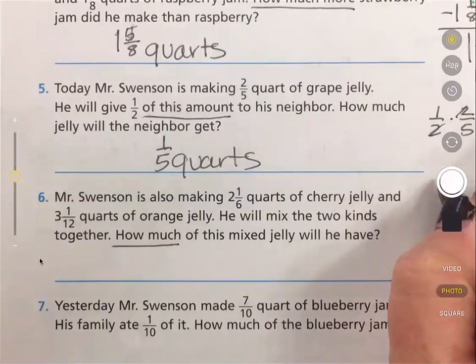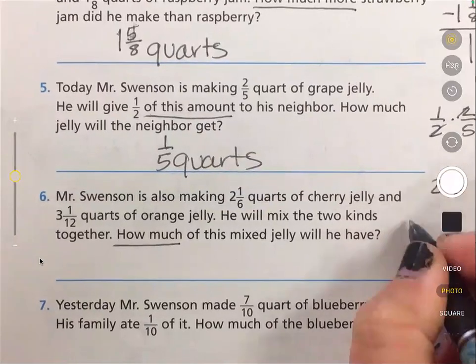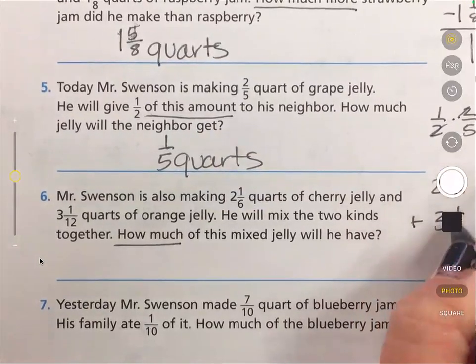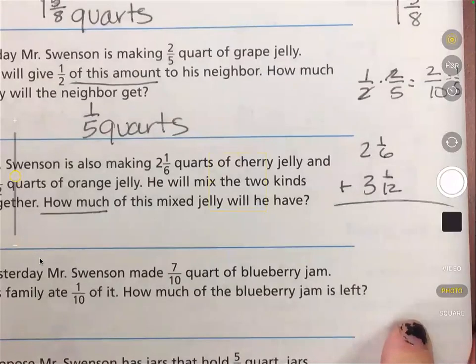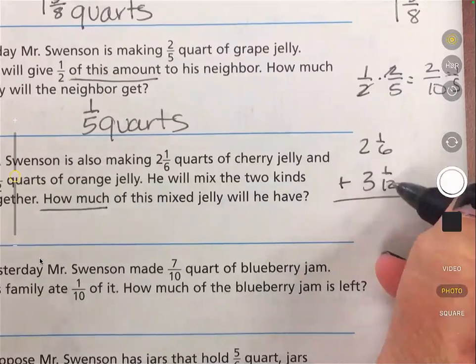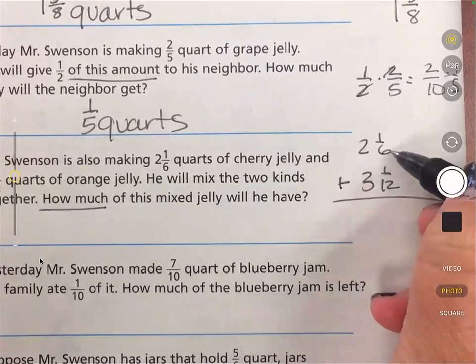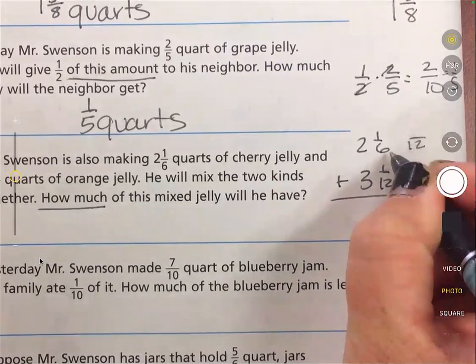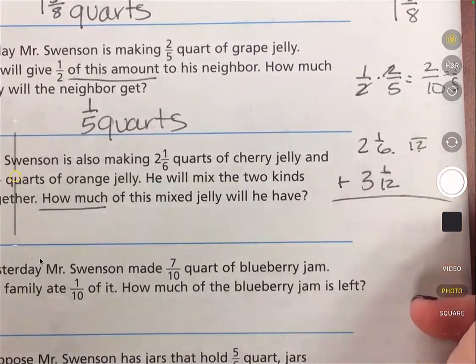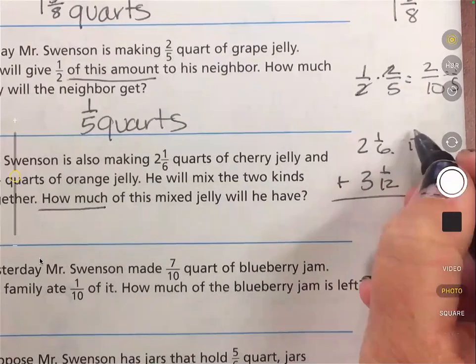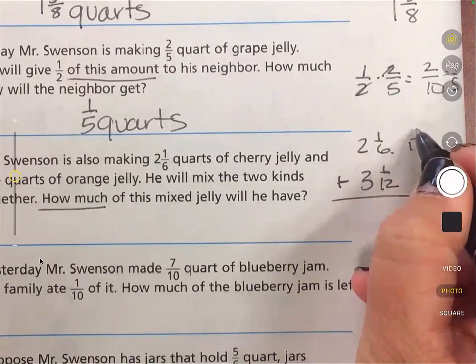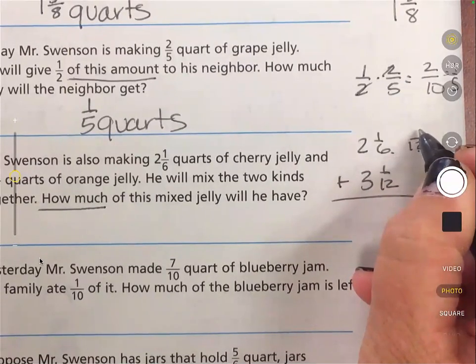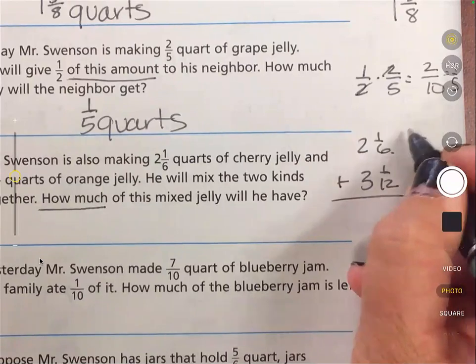All right. 2 1/6 plus 3 1/12. What's my common denominator going to be? 12. I know that because 6 can go into 12 evenly, right? My smaller denominator goes into my larger denominator. How do I get from 6 to 12? Times 2. What's 1 times 2? 2.